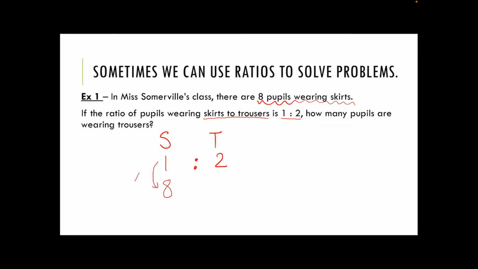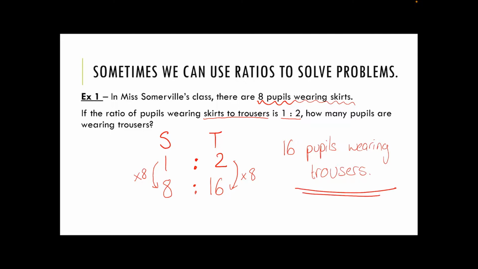Well, 8 is made up of 8 ones, and whatever I've done to one side, I need to do to the other. So I'm going to do 2 times by 8 to give me 16. So there are 16 pupils wearing trousers. And that's us answered the question. We were just asked how many are wearing trousers, and we've said 16.